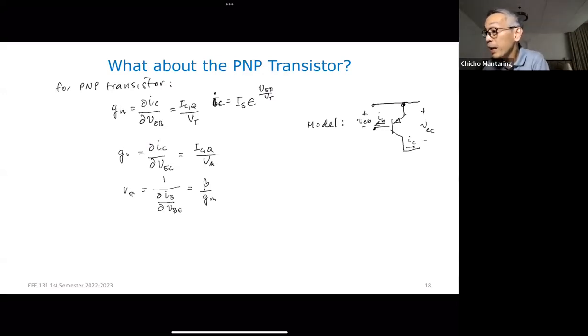Okay. So my common terminal is still my emitter. So I'll draw that on top. That's my common terminal. Between my emitter and my collector, so this is my emitter. Between my emitter and my, let's say this is my collector, I still have GO. This is VEC.